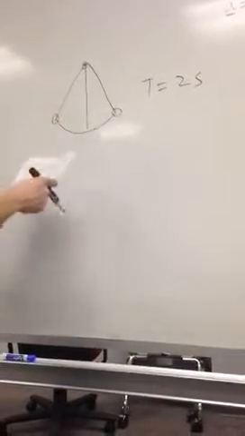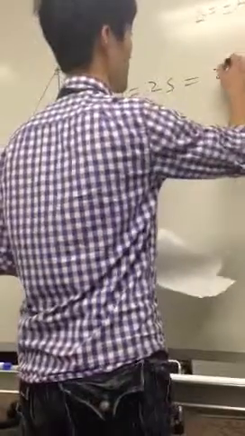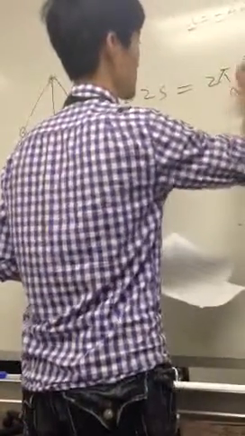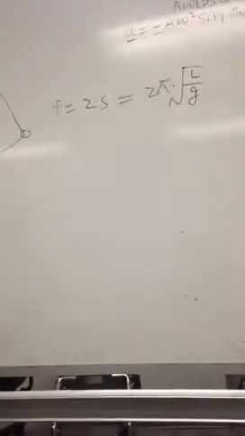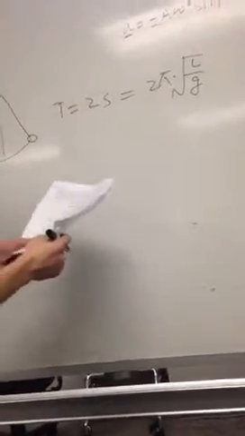For this kind of question, it's the same as spring. So the T should be 2 pi times square root L over G. That's the equation. Just need to calculate.